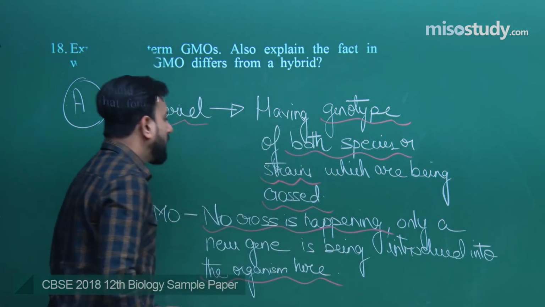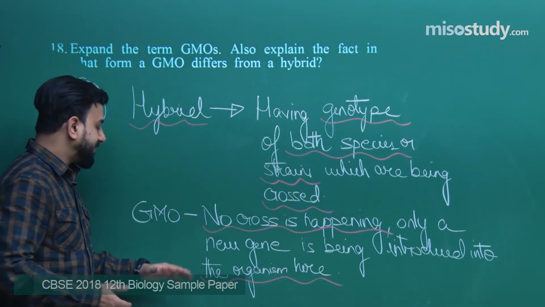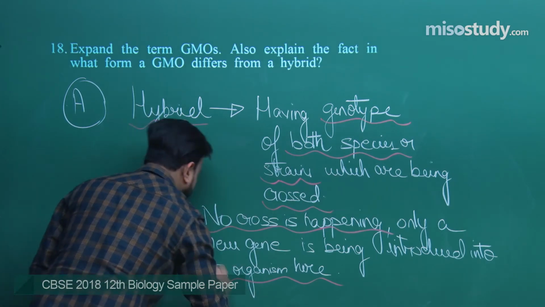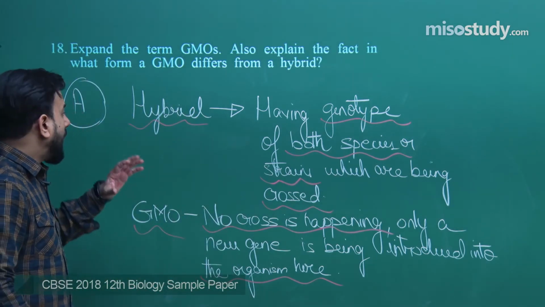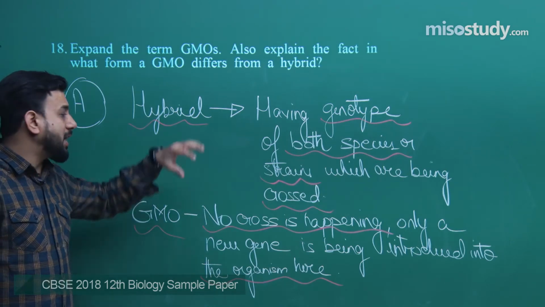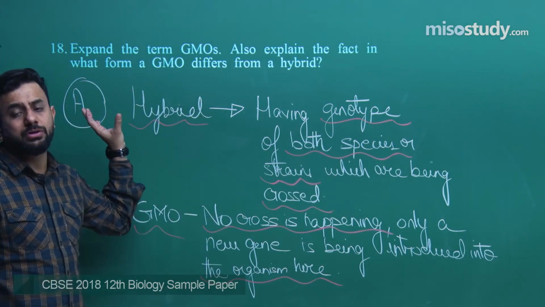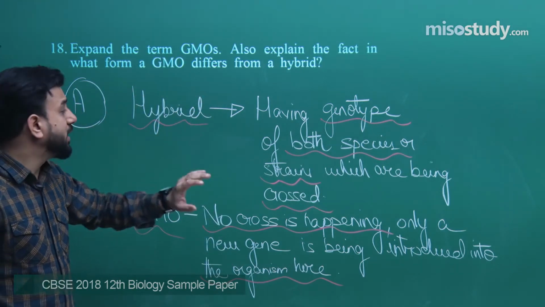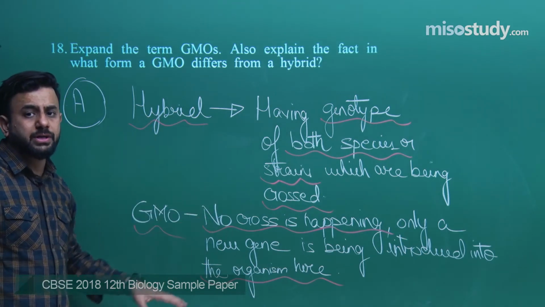Got it? So, this is the difference between a hybrid and a GMO. Very simple and very easy. Understand this concept and just write these lines. That will be enough for your answer. Okay? So, friends, note down this, and after you've noted down, we will continue.